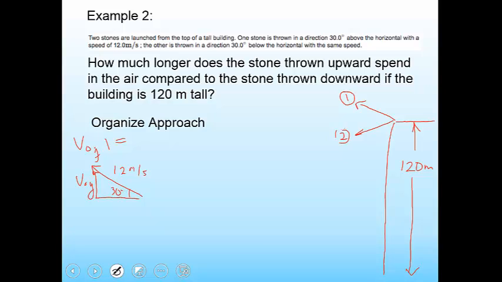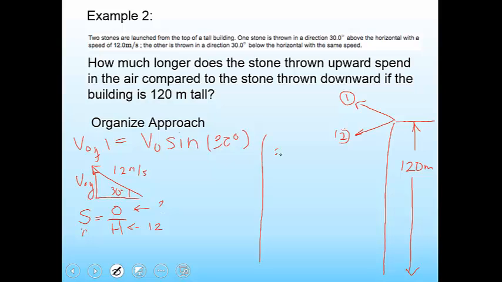I like to use SOH CAH TOA, so that sine is equal to opposite over hypotenuse. Hypotenuse is the 12. The opposite is what we're looking for, which is our V naught Y, and the angle is 30. So we know that V naught Y is equal to V naught times the sine of 30 degrees. This is for stone 1.